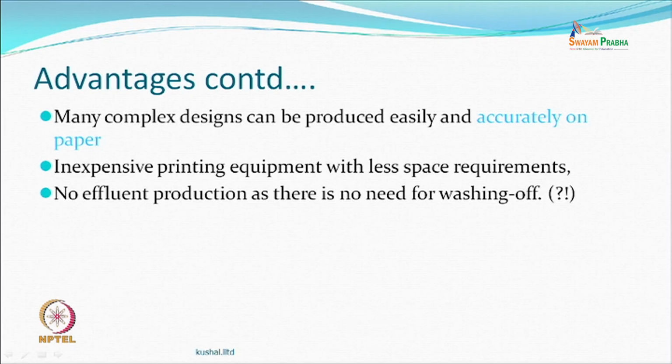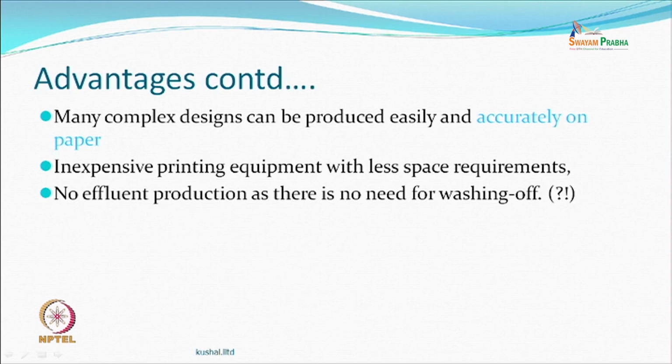But if it's a complex design where the fine lines are important to you, it is very easy to print accurately on paper. Printing machinery and equipment are relatively inexpensive and require less space.